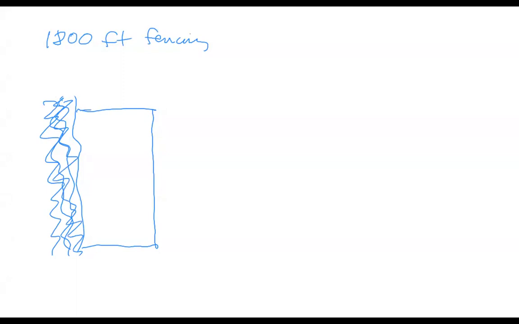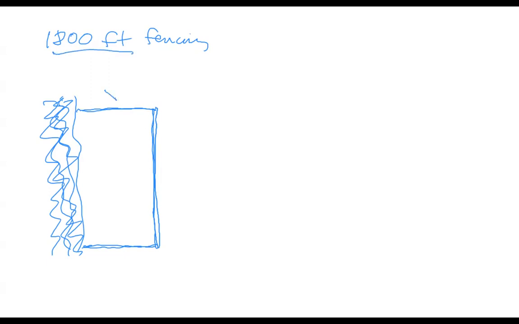And I know I have a total of 1,800 feet. Now, I don't know what the dimensions are going to be, if it's going to be longer than it is wider, we're not really sure, but we're just using the picture for a visual, because this will help us figure this out. I know I have 1,800 feet of fencing.